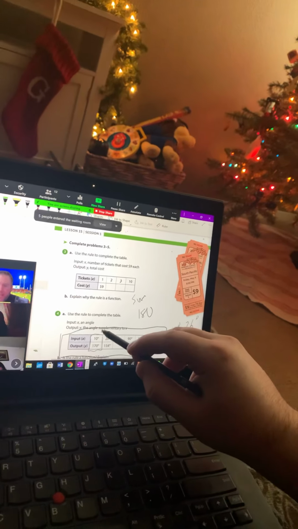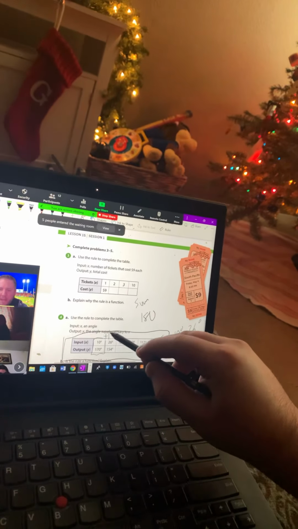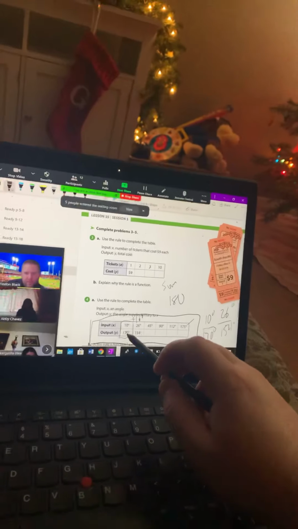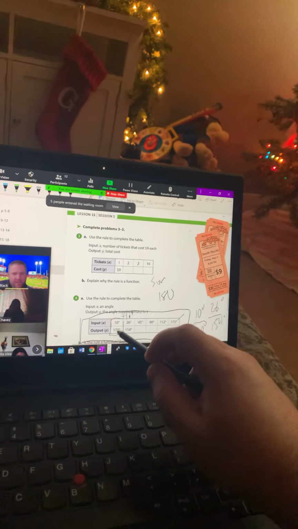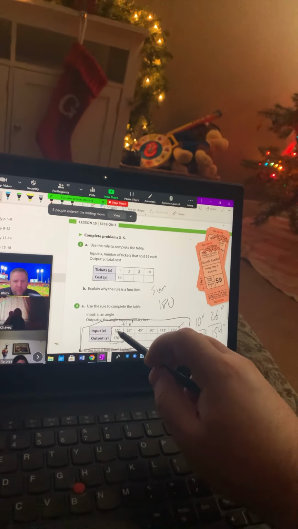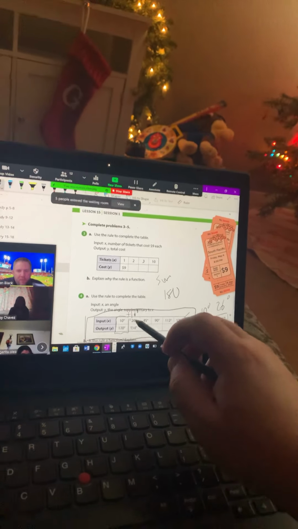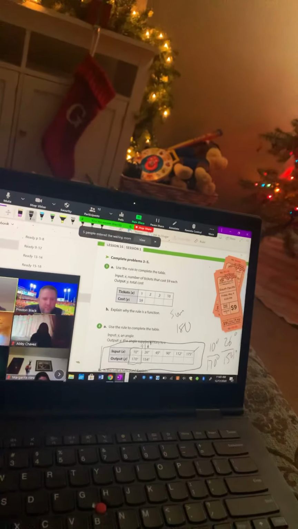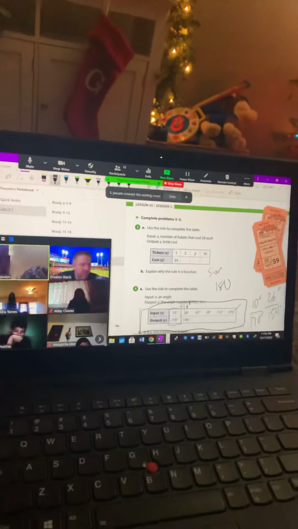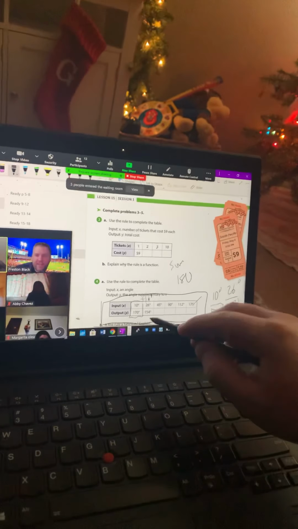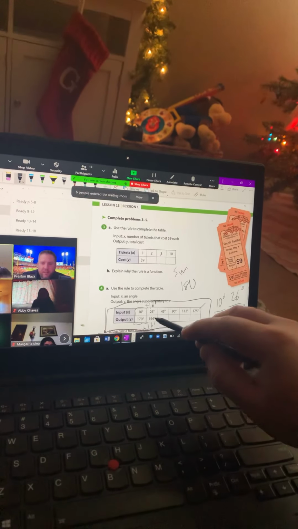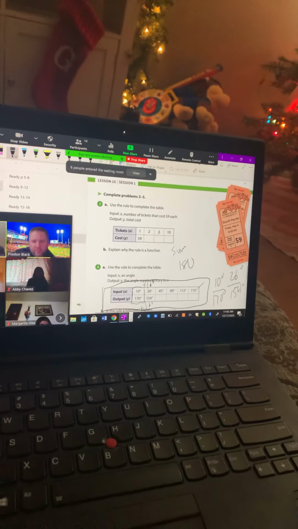So we added 16 degrees. Now, let's look at the output. Whoa, the output's not the same as it was in the first box. How much did that go down? 16 degrees.